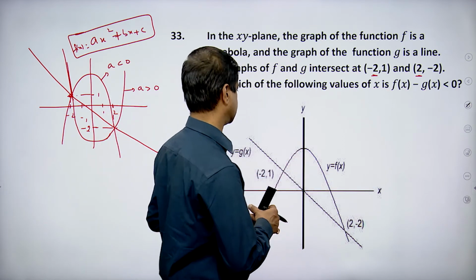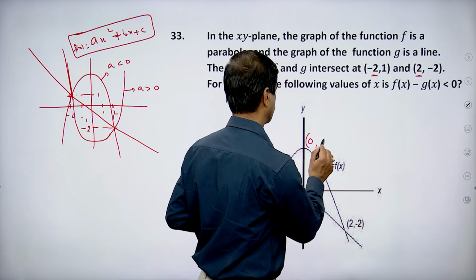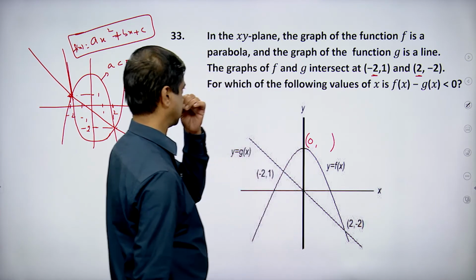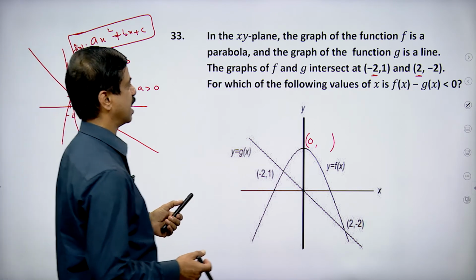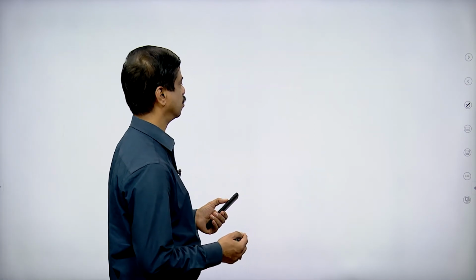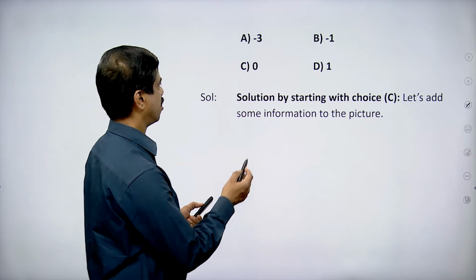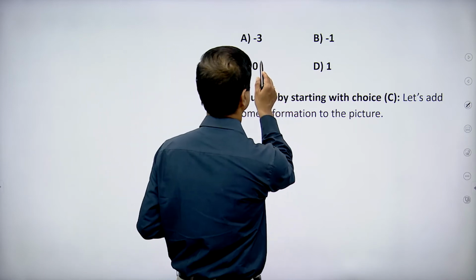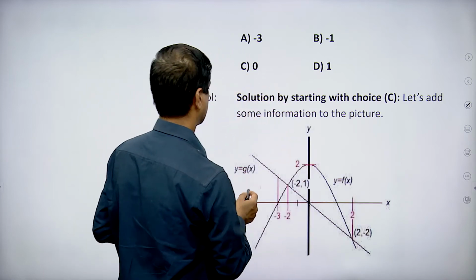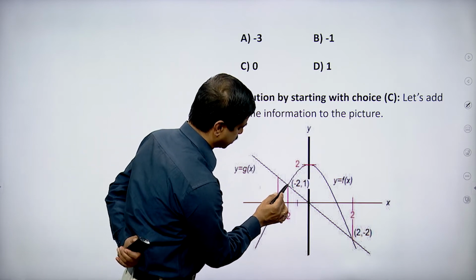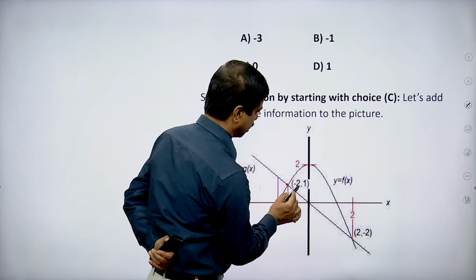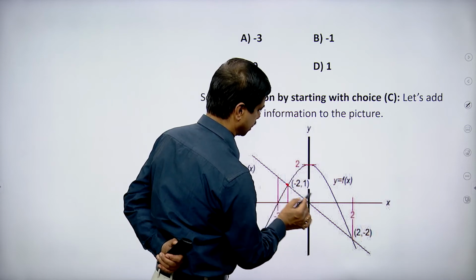This is x is 0 and y we do not know what it is because it is not mentioned there. I am not guessing it. So, now f of x minus g of x is less than 0, he says. We should look at that. If you look at this, f of x is equal to g of x here, correct?